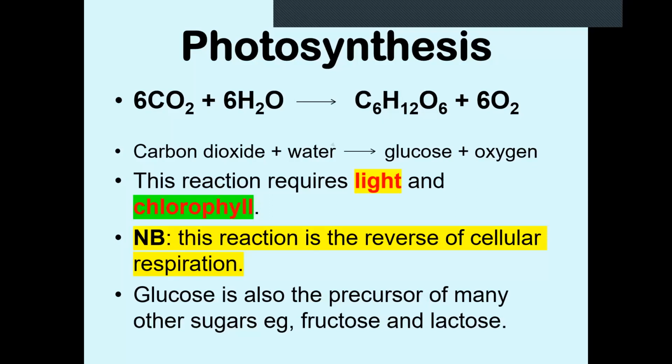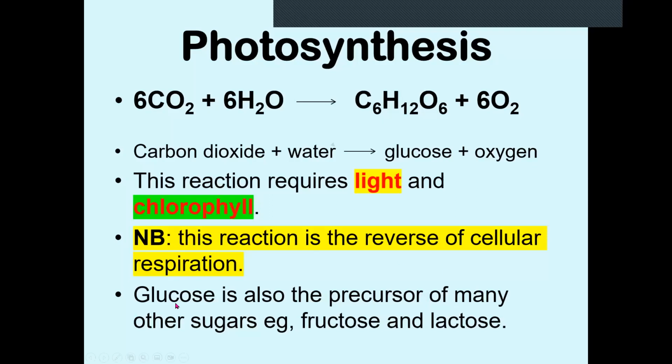And then there's another form of glucose storage. It's called starch. Sorry, it's not starch, it's cellulose, and again, it's 100% glucose, but it's a different store, so a different structure.